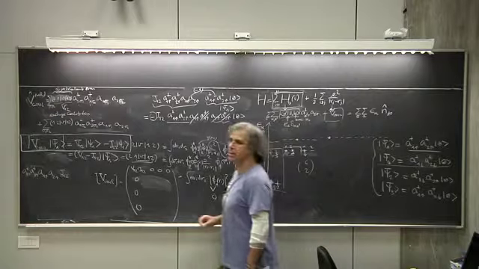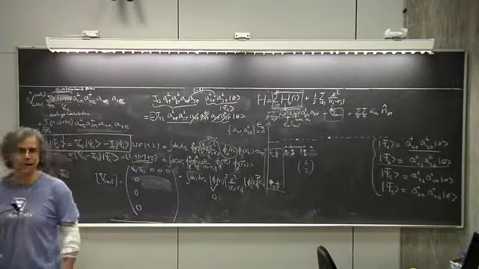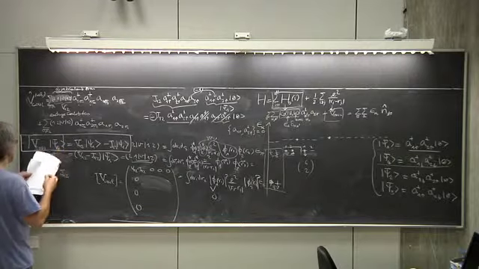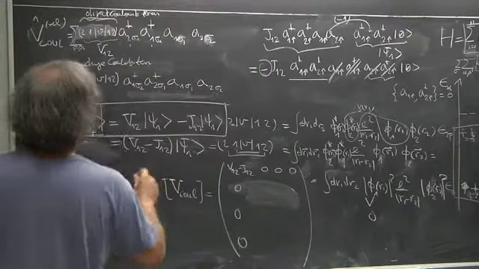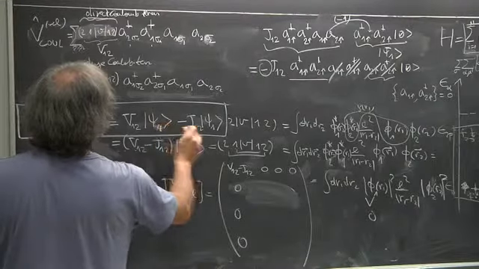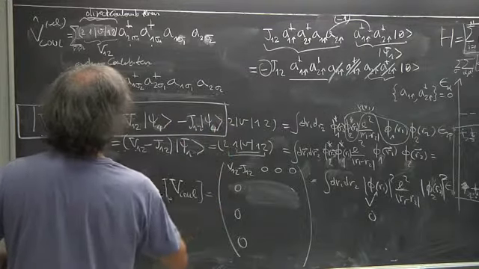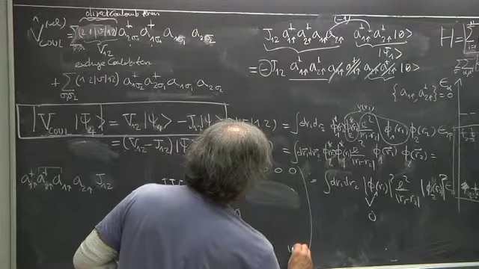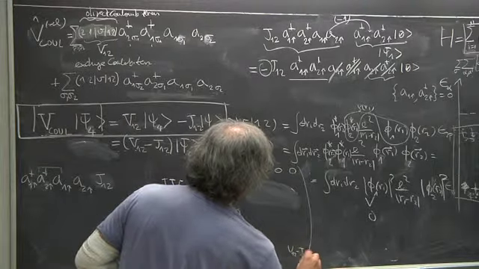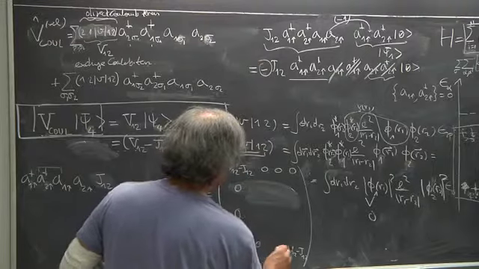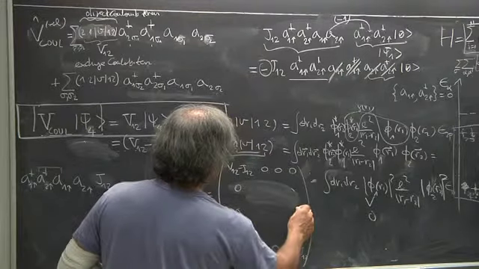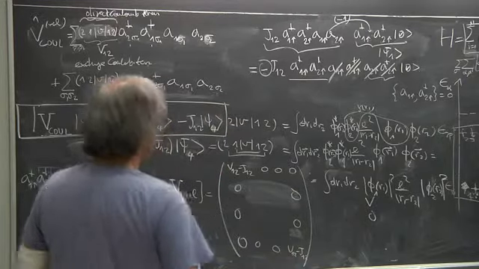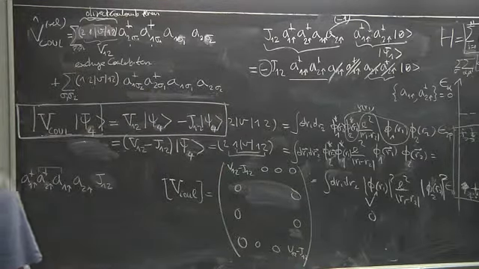Well, perhaps it's no surprise that if you consider the fourth, you will have exactly the same result. I'll do it for you now rather shortly. So you will have exactly V12 minus J12, and 0, 0, 0, 0 here.